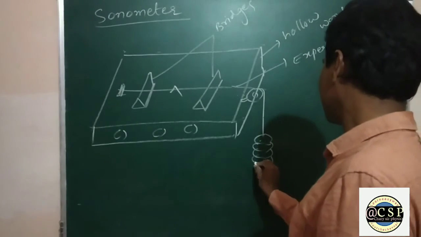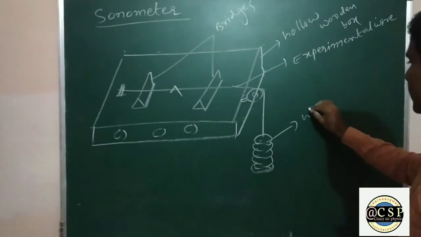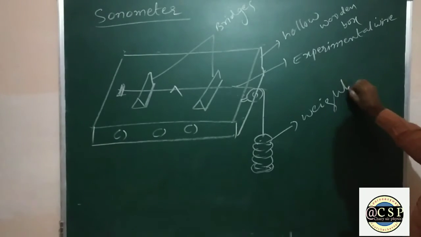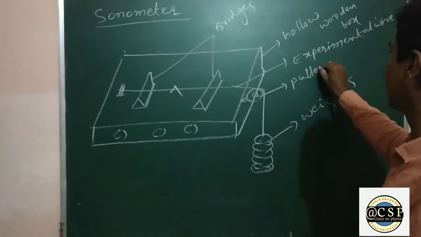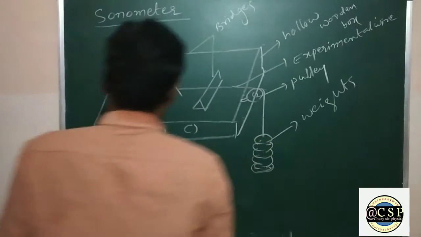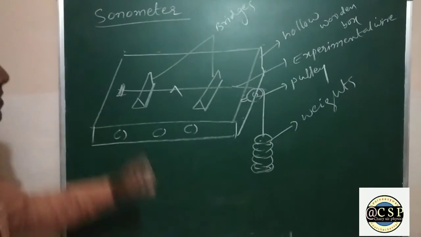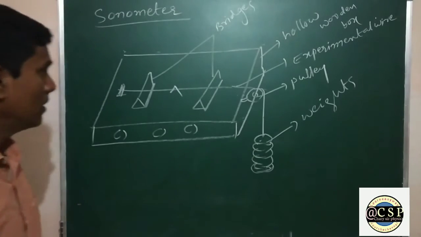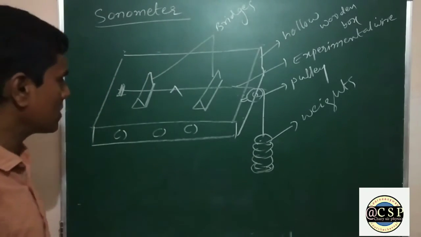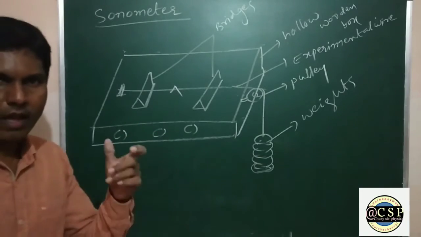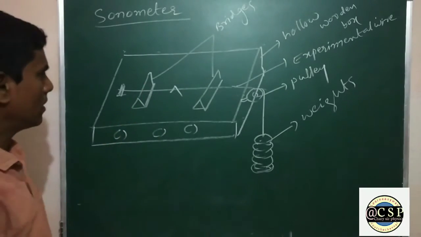Now these are the weights, and this is the pulley. It's a very simple experiment. This is a sonometer. It is a hollow wooden box, and we take one string.